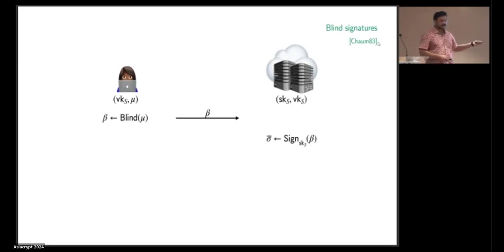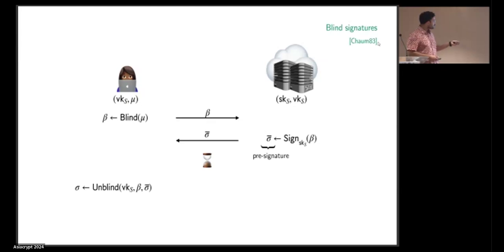The signer then takes this blinded value and creates what I will call a pre-signature or a blind signature, and sends this pre-signature back to the user. The user can then extract from this pre-signature a final signature that verifies under the signer's verification key.